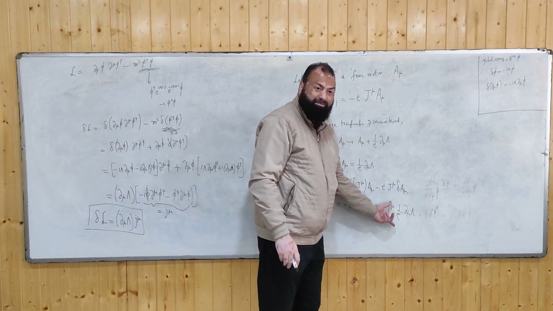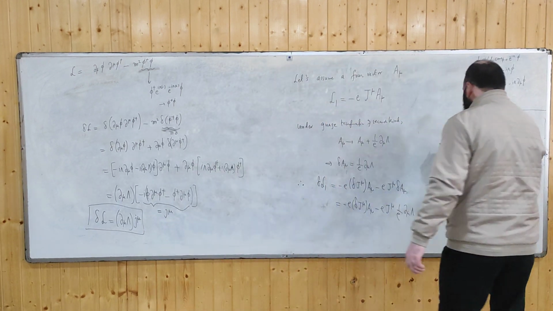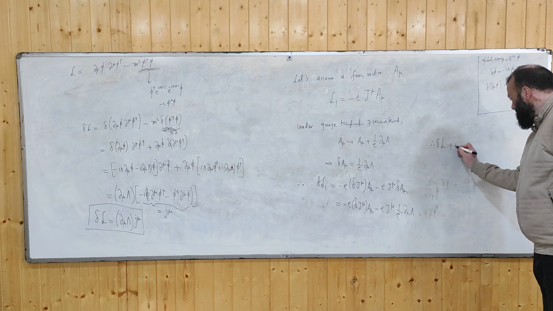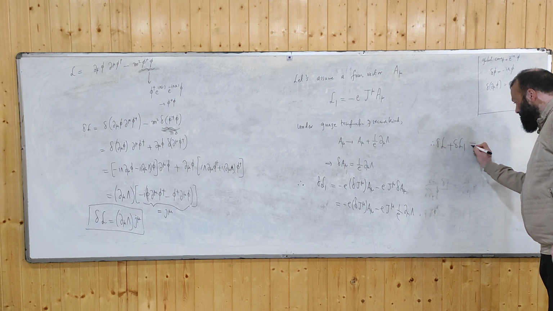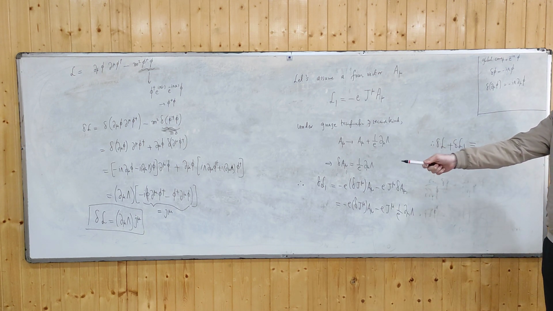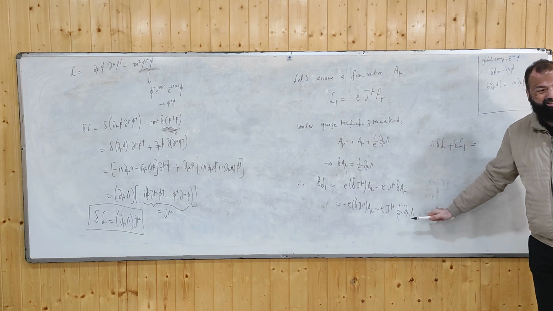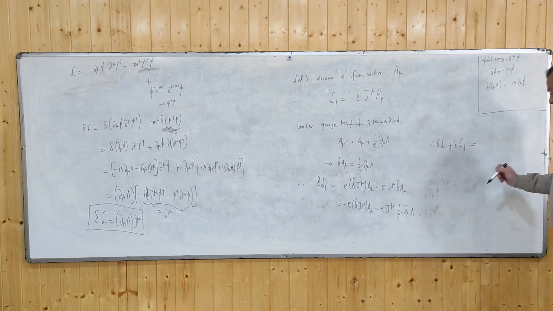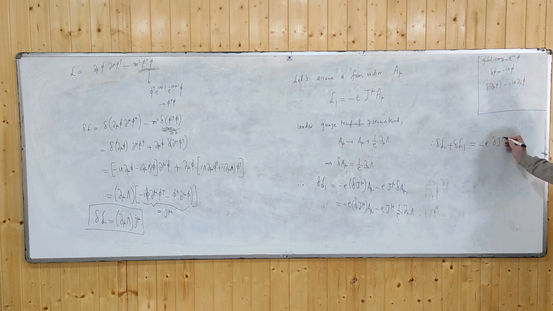So if I write delta L plus delta L1, what do you get? Now add the two. That term will cancel with this very term. Clear? So what remains there? You have minus E, delta J mu and A. Got it?